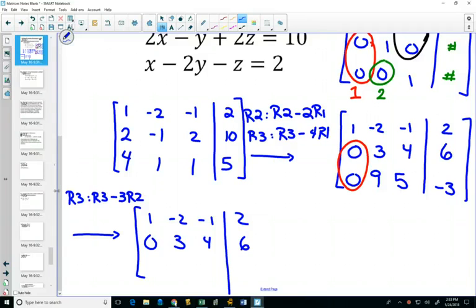And row 3 is now going to be 0. 5 minus 12, negative 7. And negative 3 minus 18, negative 21. And I'll circle that in green to match up with my color coding above. That was the second goal.